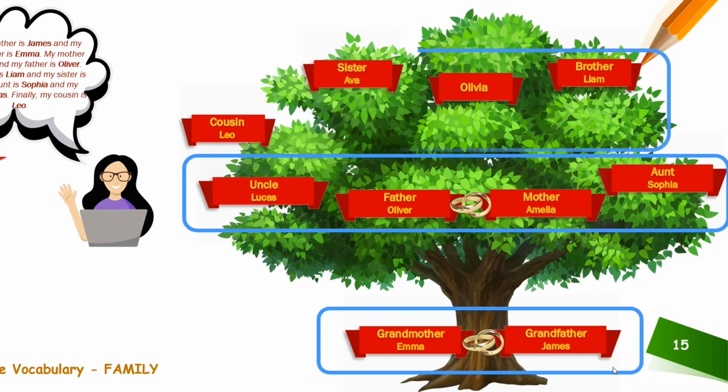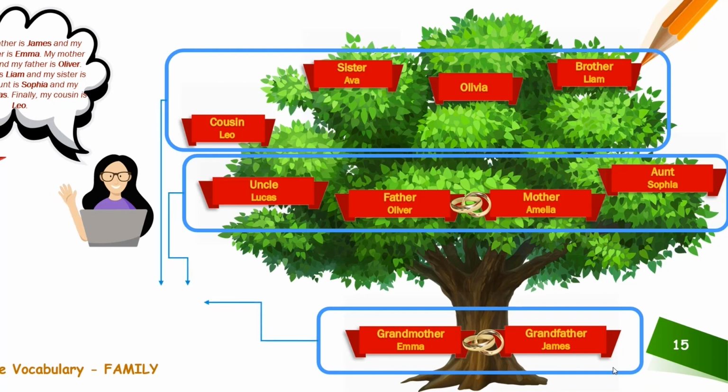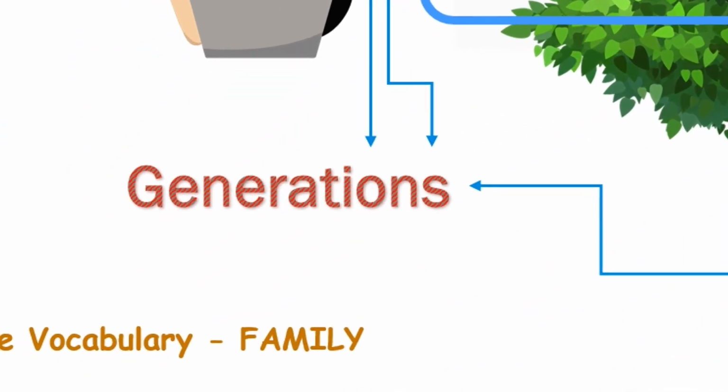And finally, we have the third section that includes the speakers, brothers, sisters, and cousins, if there are any. And these 3 sections, what we call in English generations.